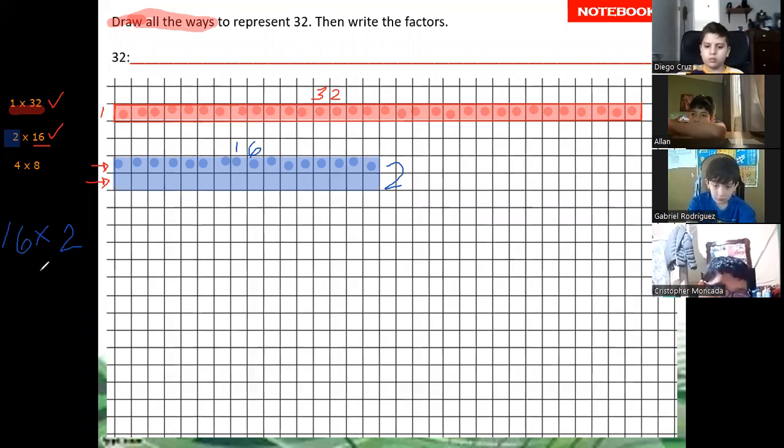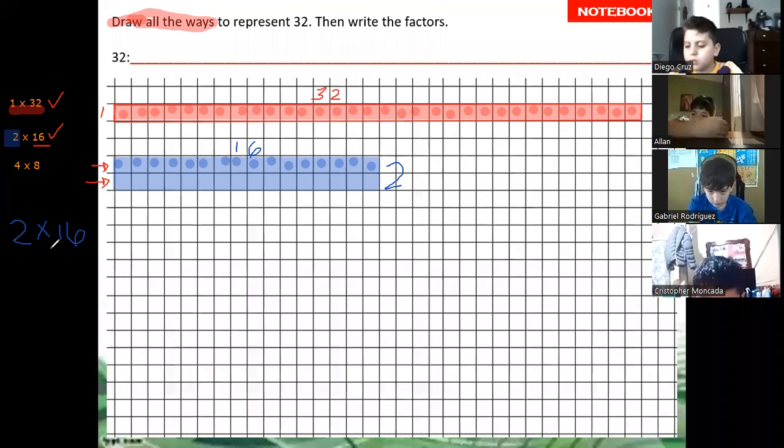You have to write the number of rows first, and the number of rows is 2, and then the number of columns. Columns go from up to down. So in this case, the factors of this model are 2, number of rows, times 16, number of columns.